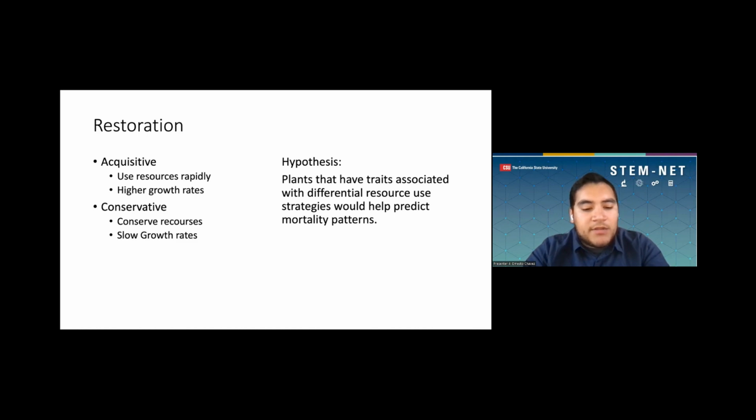I also predicted that plants that could switch between more acquisitive traits when resources are plentiful and switch to more conservative traits when resources are scarce would be more successful in restoration.